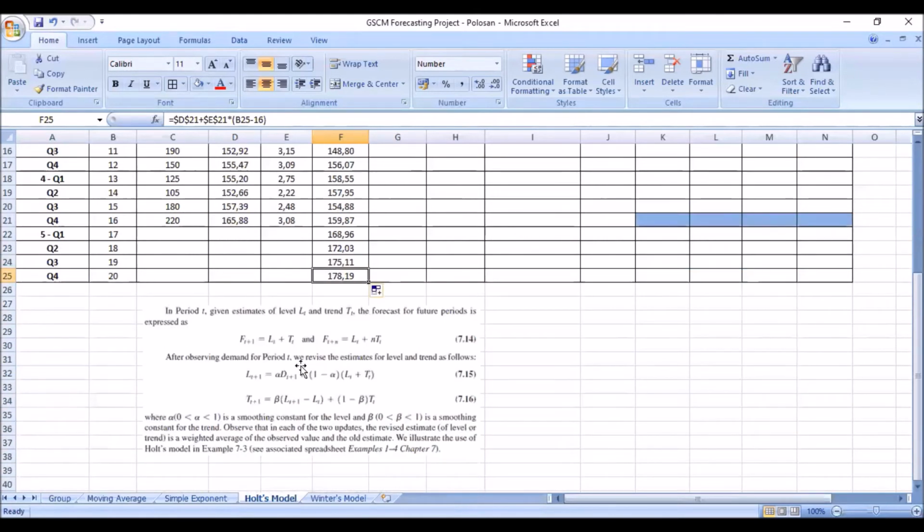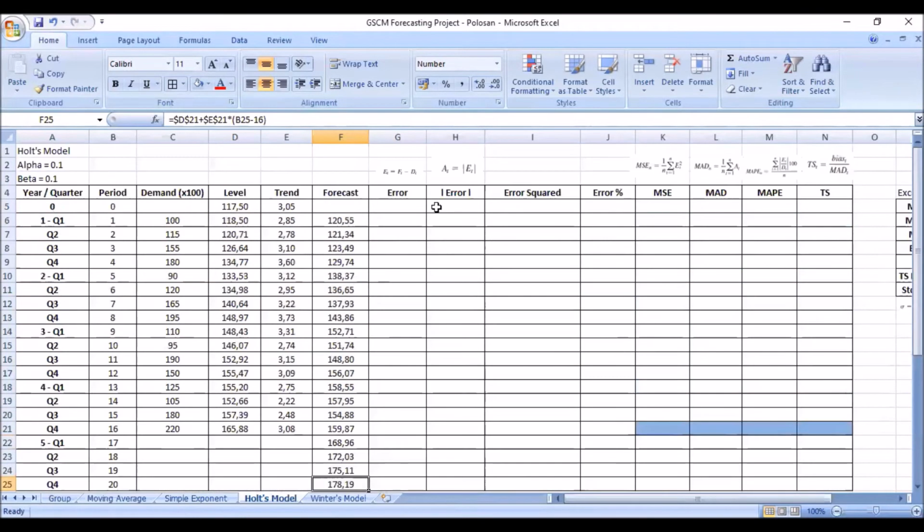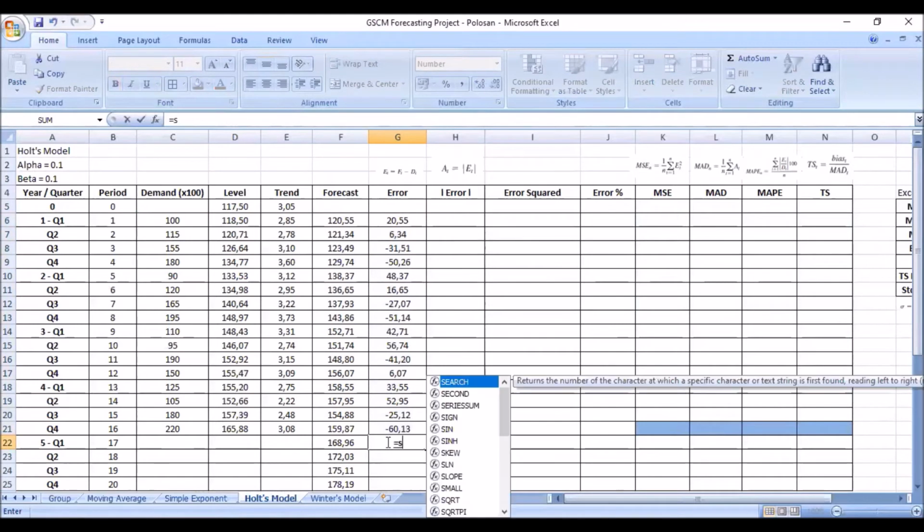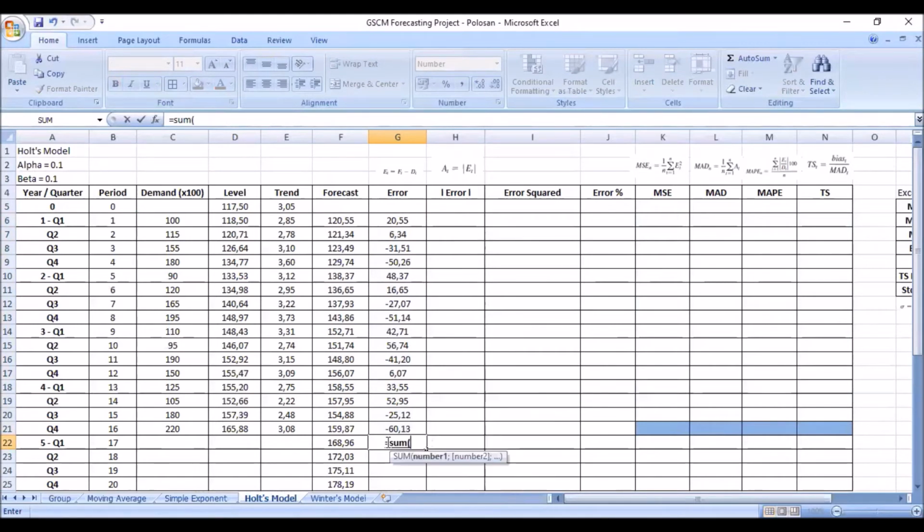And then after we have found the last forecast, we're gonna calculate the error as usual, which can be found by forecast minus the actual demand, and then we just take it down. And don't forget to also sum up the error, so it can be used as a bias to find the TS later on.